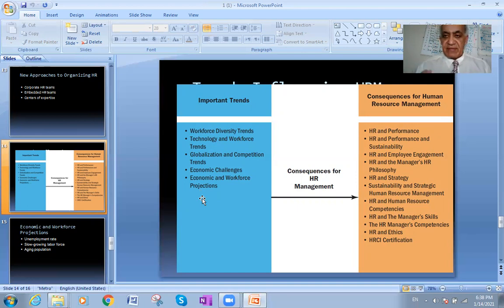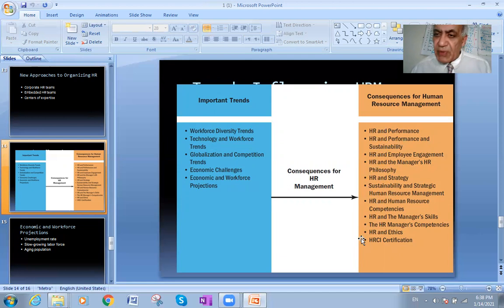The economic challenges make the role change for human resource. Consequences for this: it affects human resource performance and sustainability. It affects the philosophy of human resource, the strategies used by human resource, and the competencies and skills used.